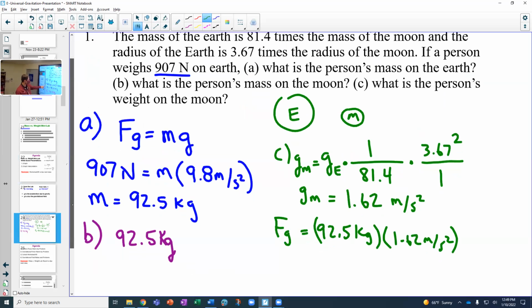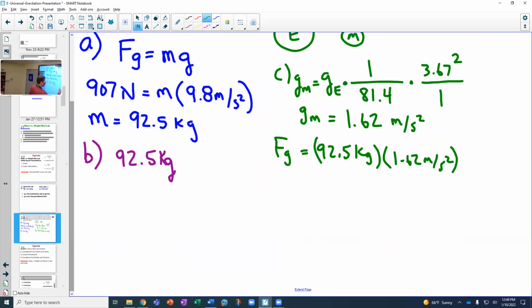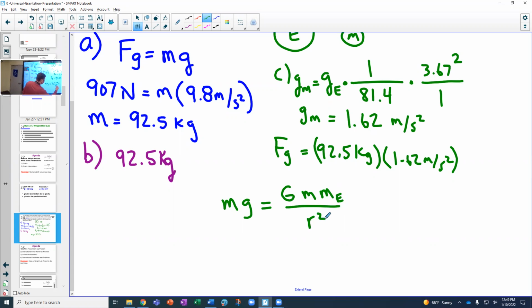So another option would be to say mg, the mass of, let's say, a person, times the acceleration due to the gravitational field of the planet, would equal that constant G times the mass of the person times the mass of the planet. We'll just say Earth, but it could be any planet, over the distance. Now that's supposed to be the distance between their centers.